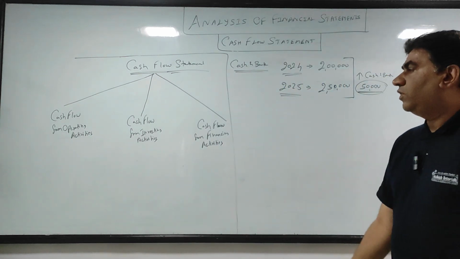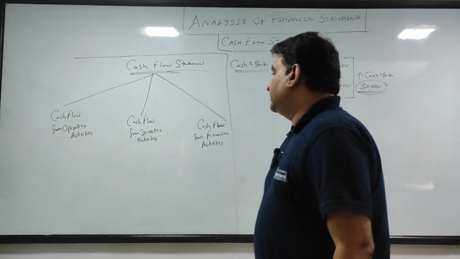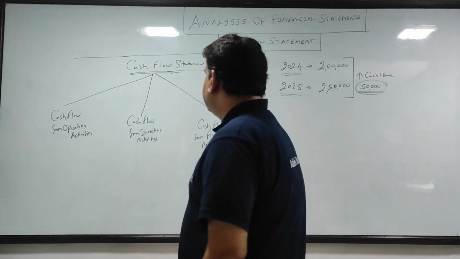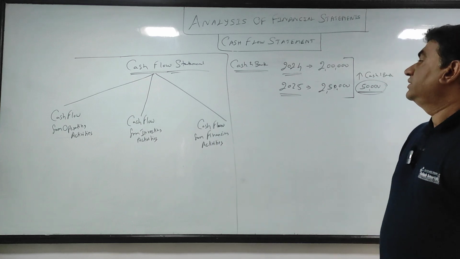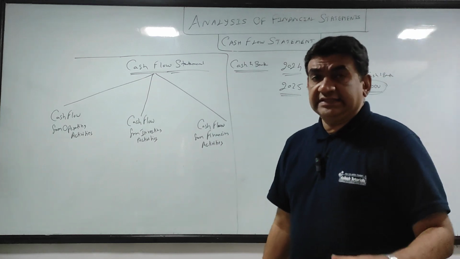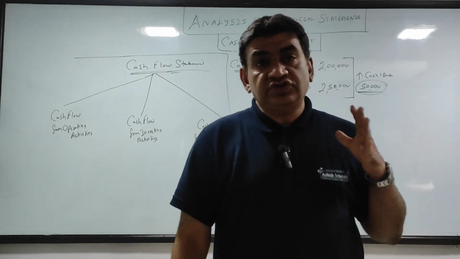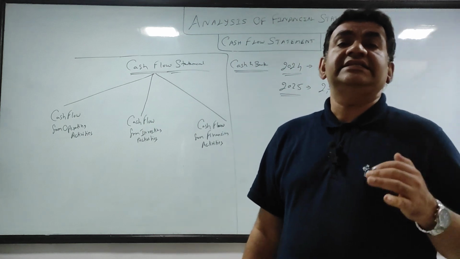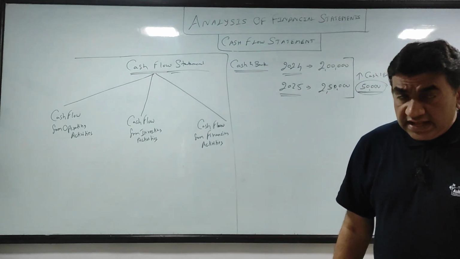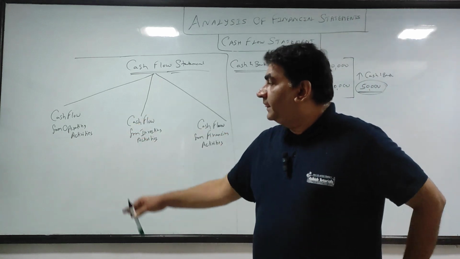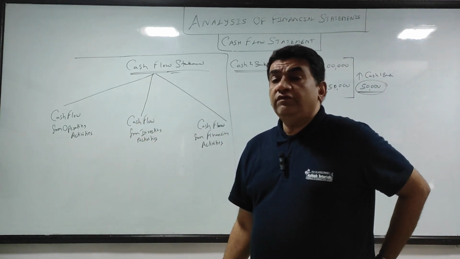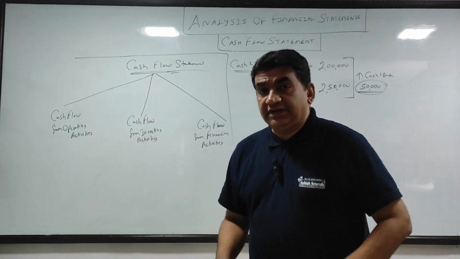Cash flow from operating activities, cash flow from investing activities, and cash flow from financing activities. In every cash flow statement there will be these three parts. Okay, now let us discuss the basics of each part. पहला क्या है? Cash flow from operating activities.